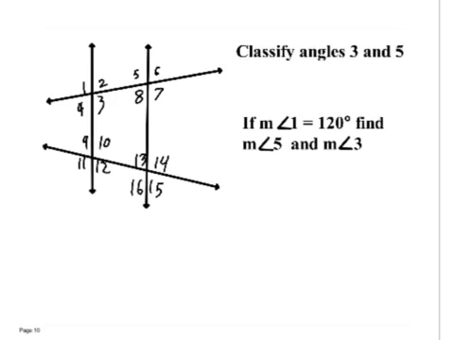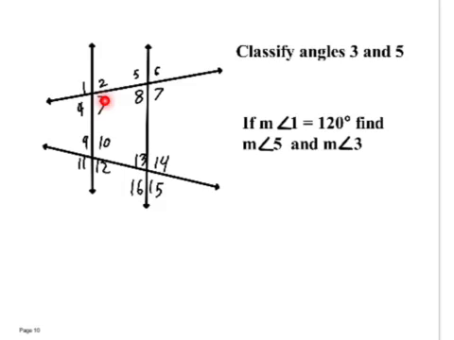Pyle? 3 and 5? No, that's not corresponding. They're not on the same side. Mackenzie? Alternate interior angles, right? Are they both inside the parallel lines? Yes. Are they opposite of each other? Yes.